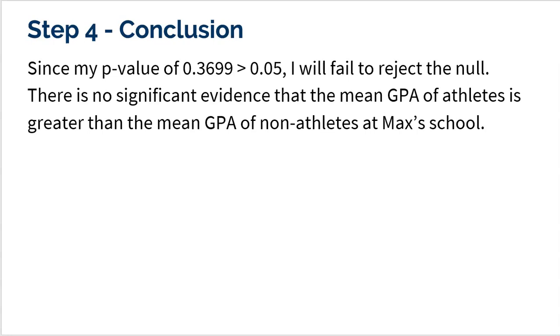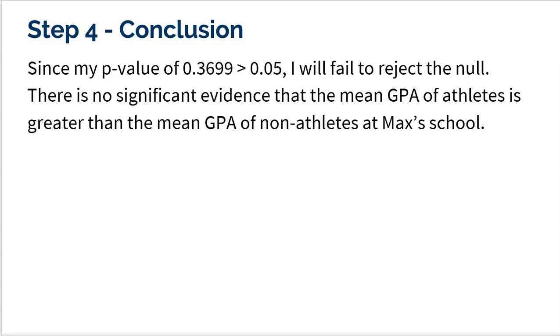There is no significant evidence that the mean GPA of athletes is greater than the mean GPA of non-athletes at Max's school. Yes, our sample did show athletes were a little bit higher, but it was probably just due to sampling. If I did it with a different sample, it might even come up where the non-athletes have a higher GPA. There is clearly no evidence of a significant difference.